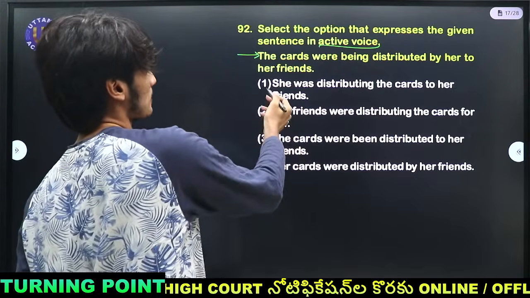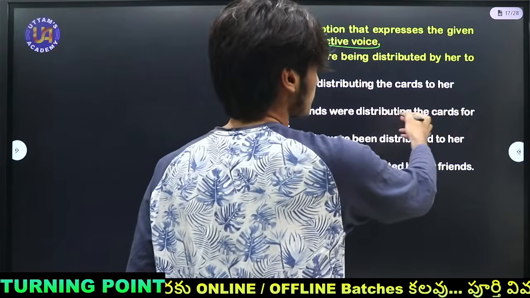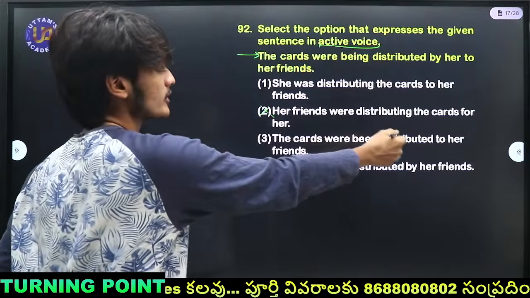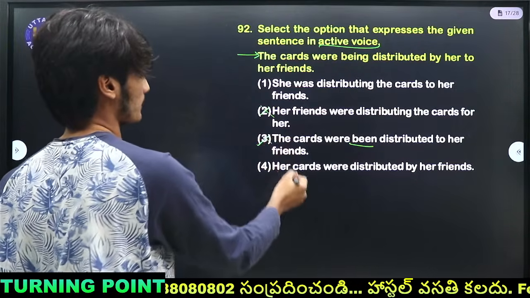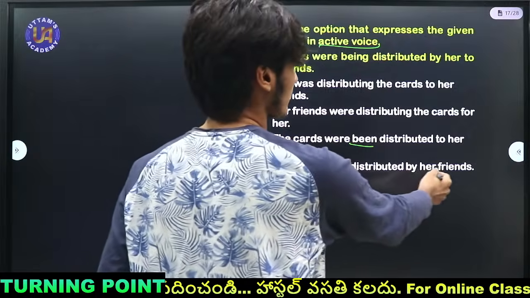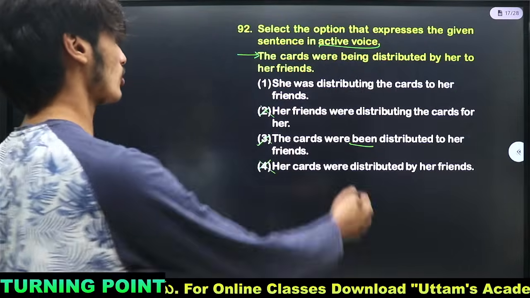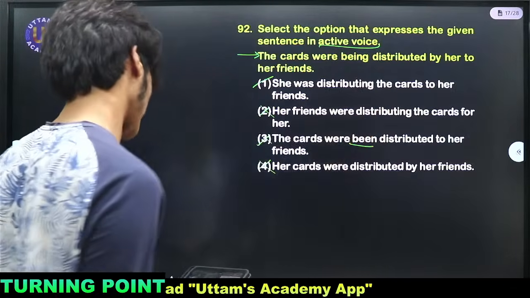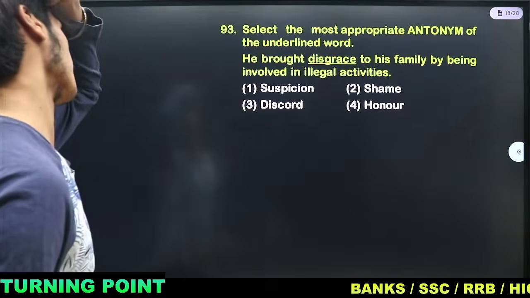Here in option 2, her friends were distributing the cards for her is wrong. The cards were being distributed to her. Here incorrect usage of been. Her cards were distributed by her friends. This structure is itself wrong. So option 1 is the right answer. She was distributing the cards to her friends. Valikant says it right. Option 1.